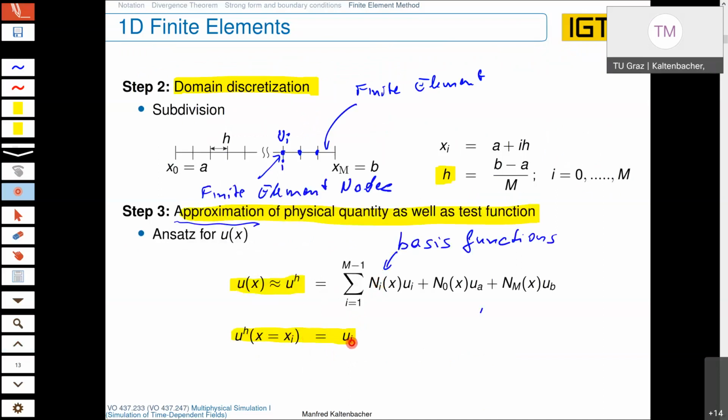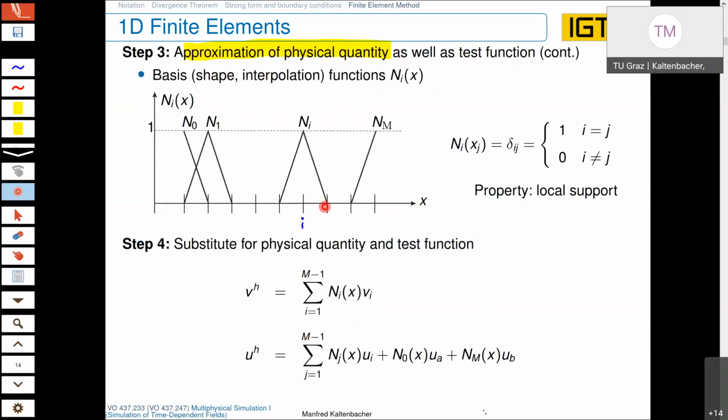Therefore we get out ui, and it has to be 0 at the neighboring nodes. That important property we call local support, and it means we can write the evaluation of such a basis function at any node xj as the delta function.